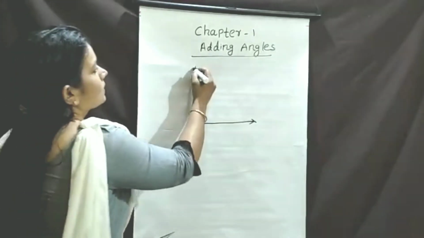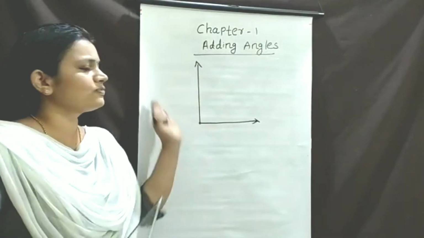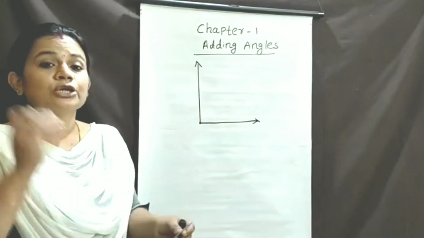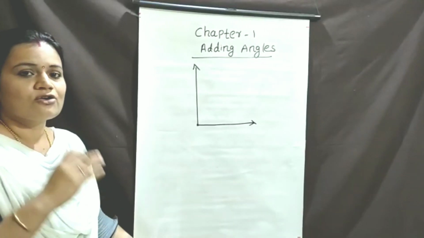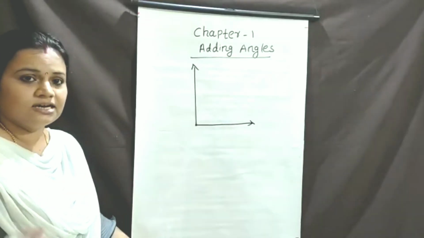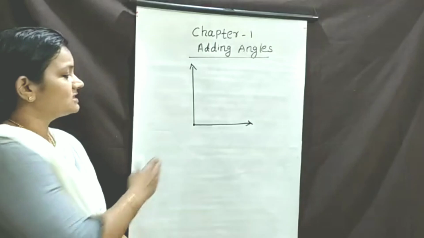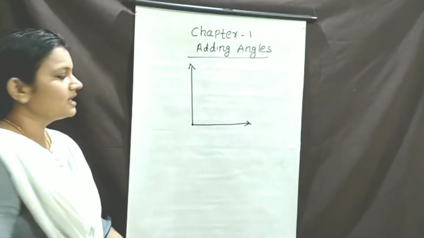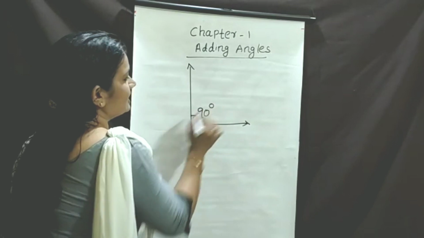Is it clear? Okay. What is the measurement of this angle? Use your protractor and measure it. First you draw an angle like this, then you measure it with your protractor. What is the measurement of this angle? It's a 90 degree angle. What is a degree?